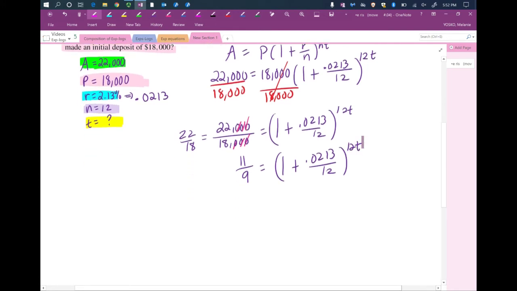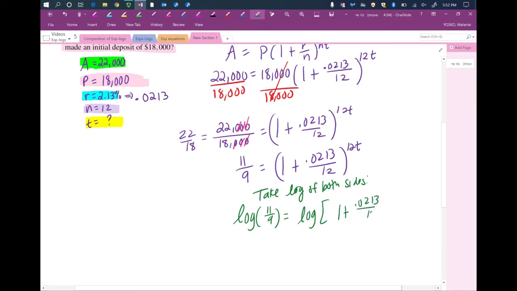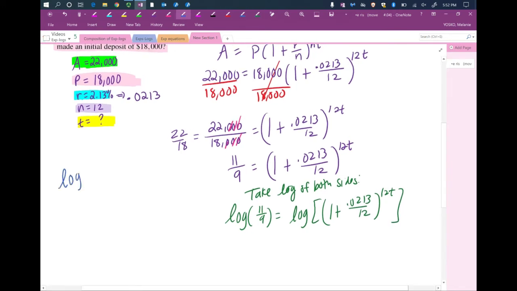Okay, so we need to solve for this t. So we're going to take a log of both sides. We are not multiplying by log. We are applying an operation of log. Log of 11 ninths equals log of this whole thing. Okay, and why do we use a log? Well, we know that if we have log base b of m to some power p, we can move this power into the front.